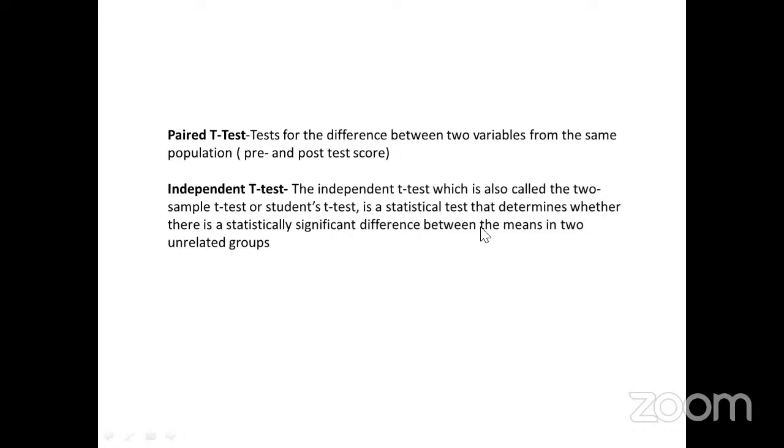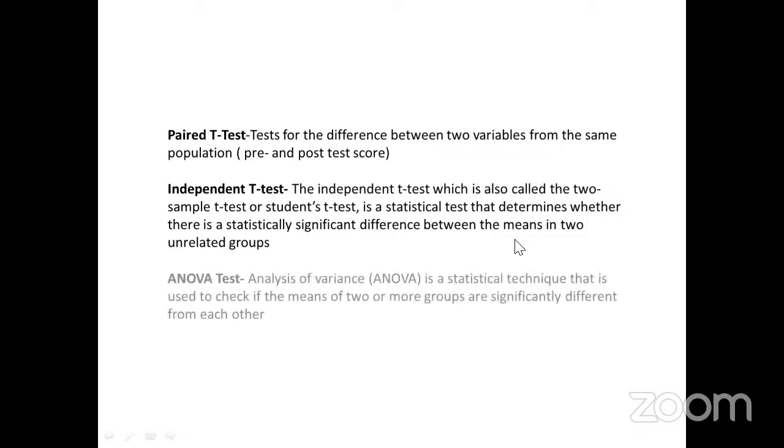It is a statistical test that determines whether there is a statistically significant difference between the means in two unrelated groups. And the last is ANOVA test. ANOVA means analysis of variance. It is a statistical technique that is used to check if the means of two or more groups are significantly different from each other.